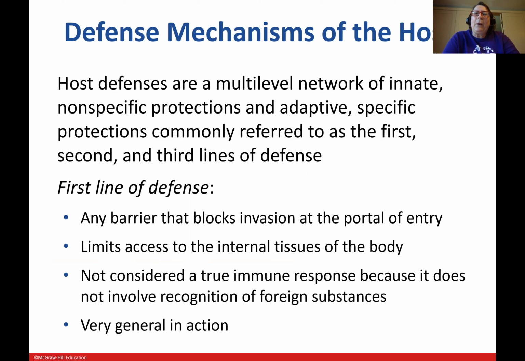Okay, so host defenses are a multi-level network of responses, and they include both specific and non-specific responses. So there are really 2 halves of the immune system. The innate or non-specific is the more general of the 2. They don't fight off a particular pathogen.